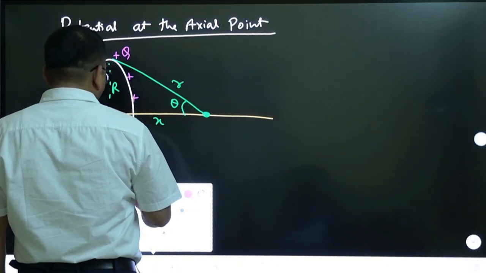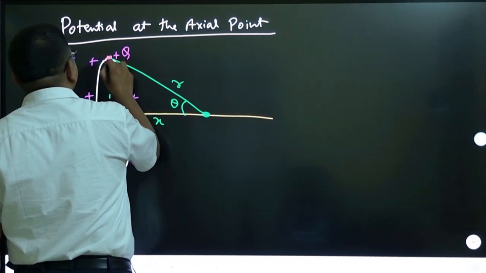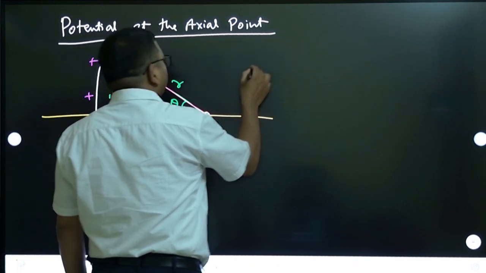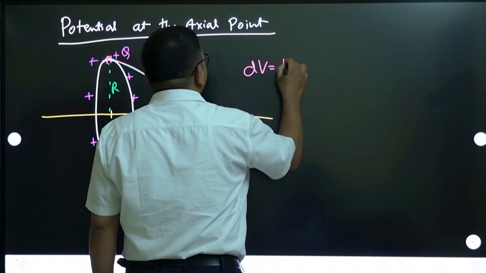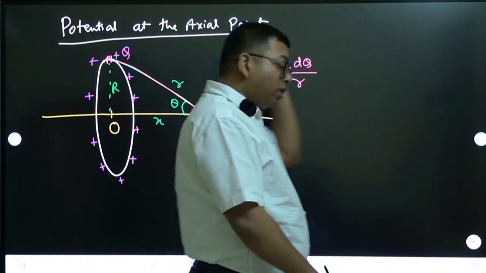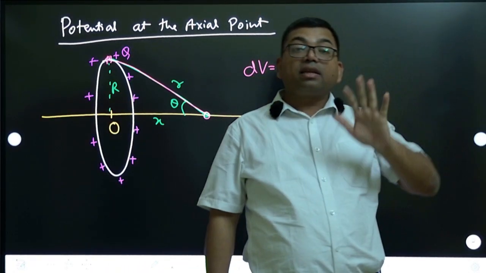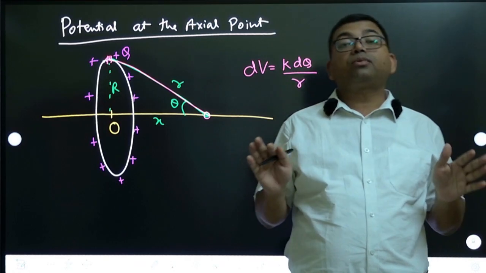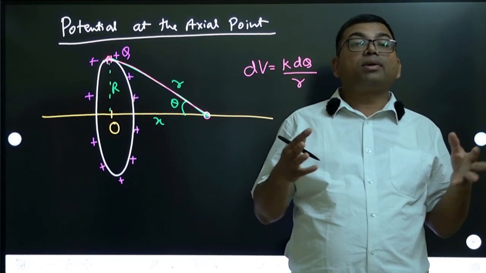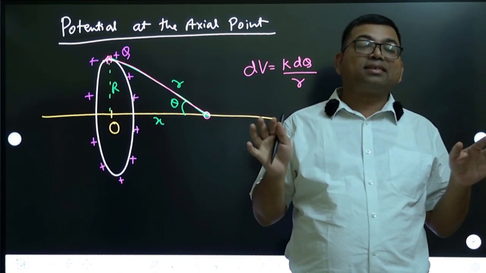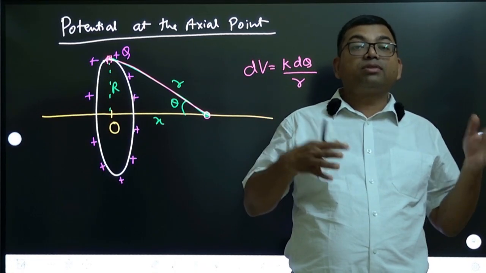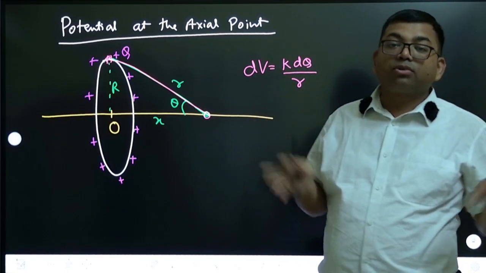So due to a small element, with the same approach, we'll calculate the potential. Potential here will be k dq by r. Now remember that potential is a scalar quantity, so you do not have to take components and do all that. Potential is a scalar quantity which you simply integrate. It is not a vector quantity like field which you have to resolve. You don't have to resolve anything.